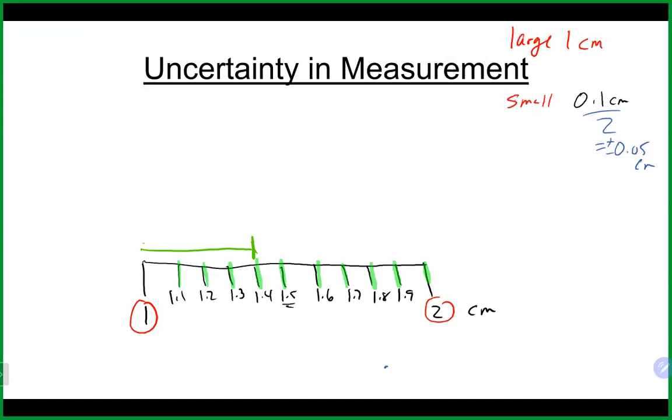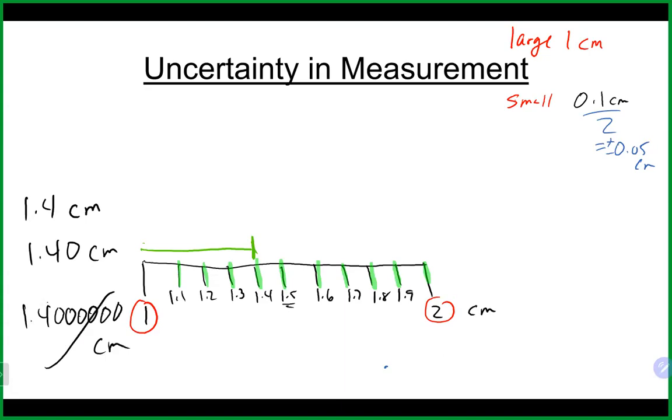So it's dead on 1.4, which gives me a couple of things I could record. I could record 1.4 centimeters, 1.40 centimeters, 1.400000 centimeters. That is way too many zeros, by the way. Just don't add extra zeros just to make it more scientific-y.